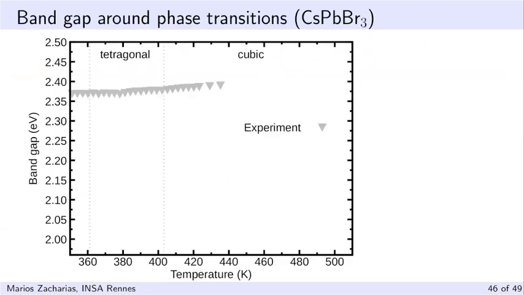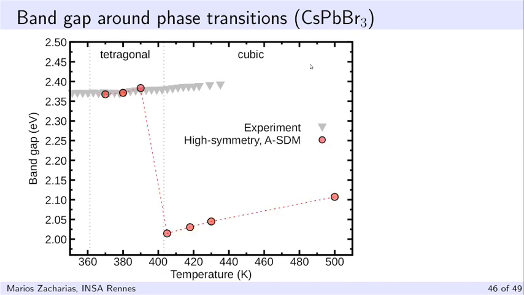So another point that highlights the importance of using locally disordered networks in perovskites is going from one phase, the tetragonal phase, to the cubic phase. So if we use a high symmetry network, we see that we'll have a jump and a discontinuity in the calculation of the band gap as a function of temperature.